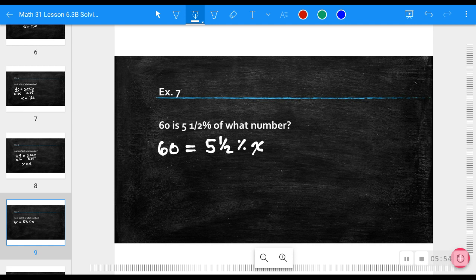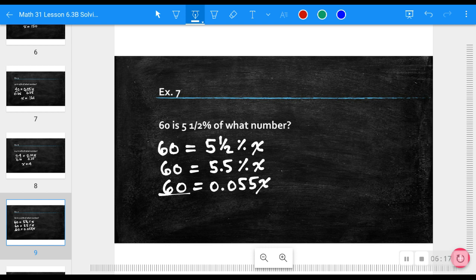Now the 5.5 I'm going to convert to decimal. And then I'm going to take the percent off, which will bring my decimal point to the left 2 places. And we'll divide by 0.055.